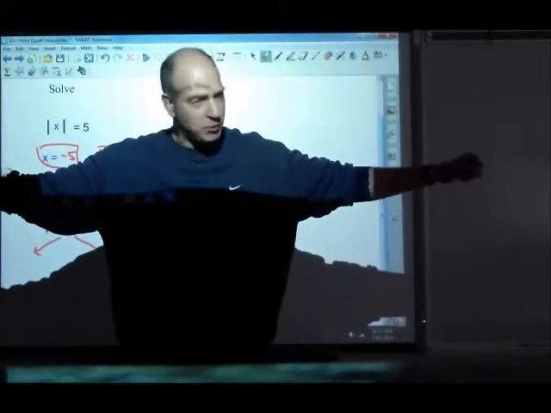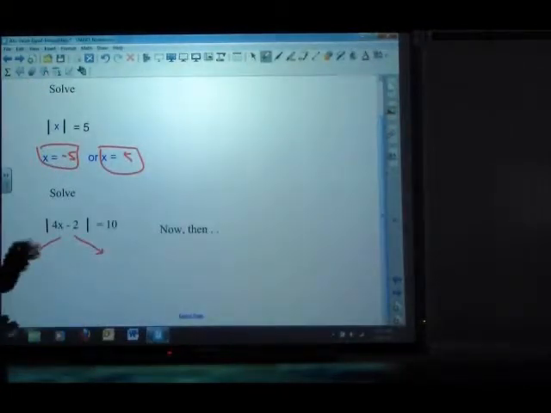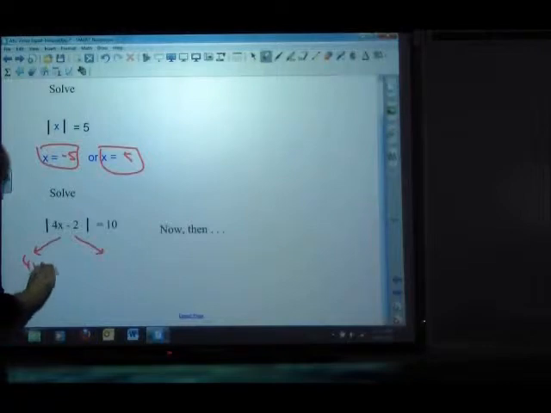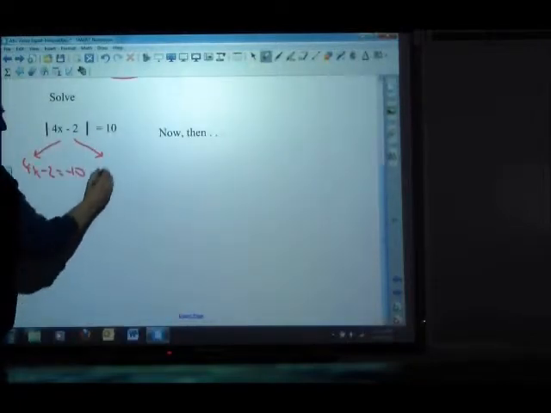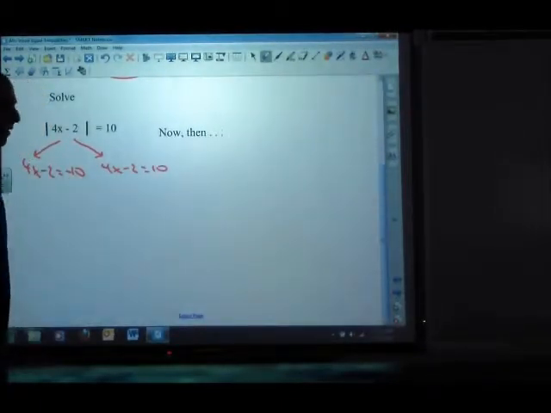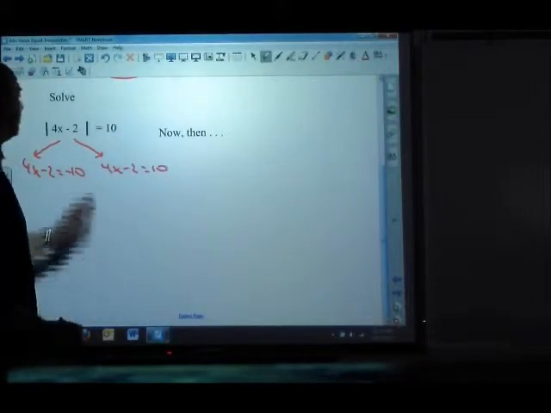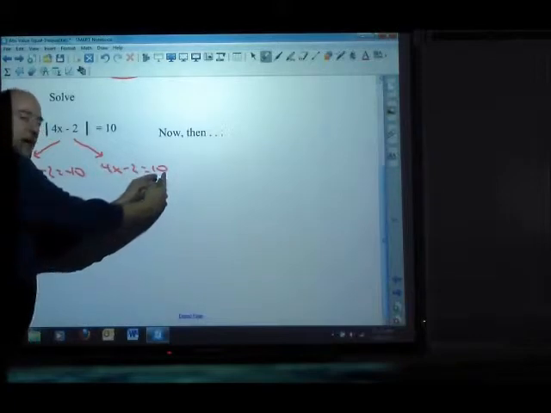Those two points are 10 away from 0. So we automatically split this into two statements: 4x - 2 could equal -10, or 4x - 2 could equal +10. There are two sides to 0, two ways to be 10 away from 0.